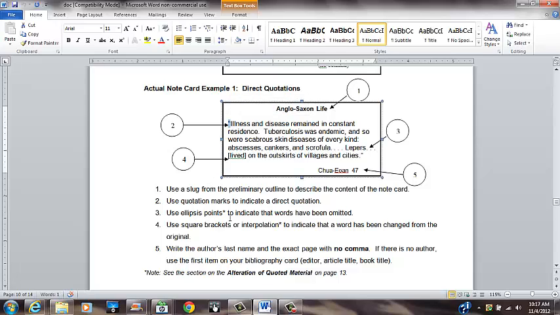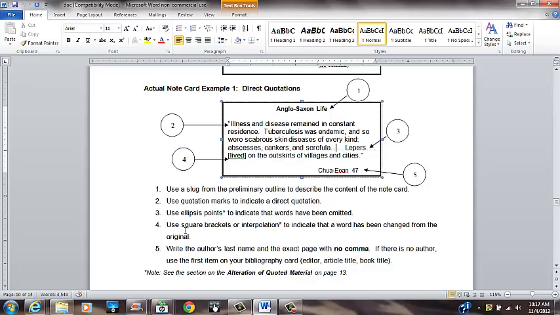Use ellipse points to indicate that words have been omitted. What they're talking about here, guys, is you use the ellipse, or 3 dots, if there's a whole bunch of information that you don't really need, that you want to cut out, but you have to indicate that you are omitting information from your direct quote. That's what an ellipse is for.